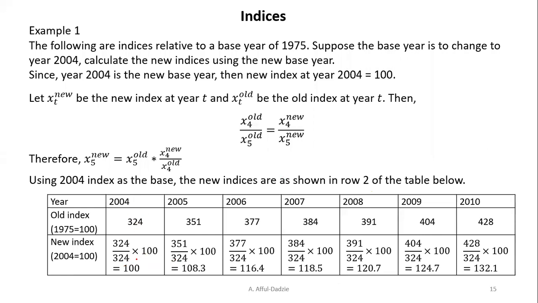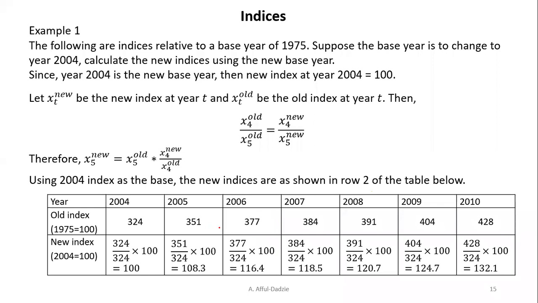Like I said, the value at the base period is always the same. Then for all the other periods, it is their value divided by the value at the new base period. So all of them divided by the value at 2004 gives you the new index values. It's still the same approach: you take this value divided by this base value, and multiply by 100.